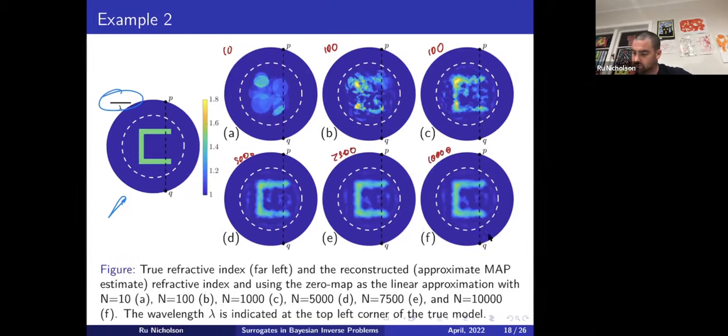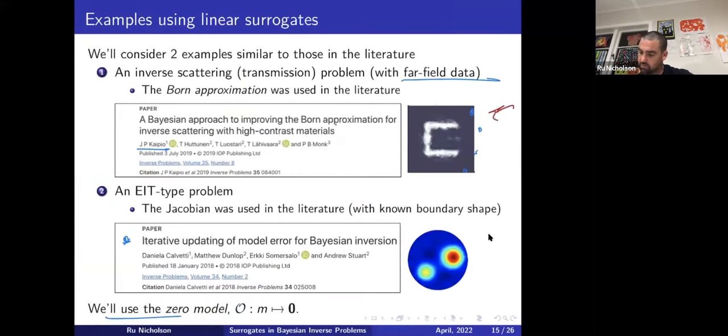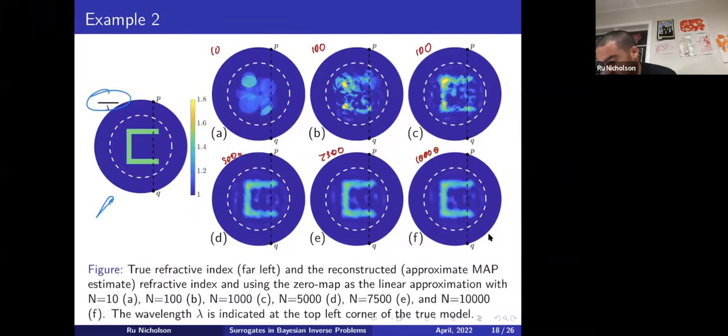This is in a slightly different setup, but in comparison to this result from the literature, we can see that it's essentially the same, and further numerical experiments showed that yes, it had converged by that point. That was with no linear model. It was just generate samples and compute the conditional statistics, the conditional mean and the conditional covariance matrix.